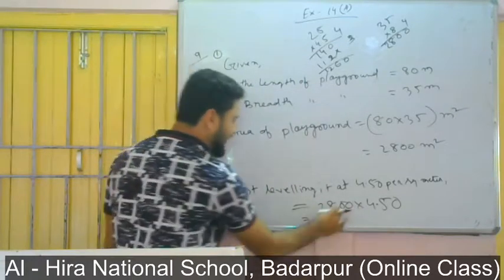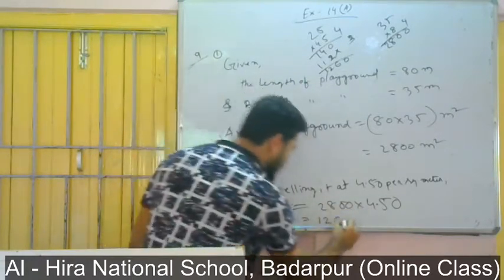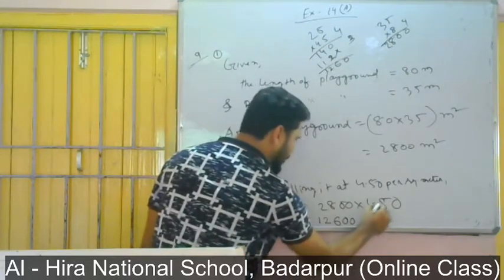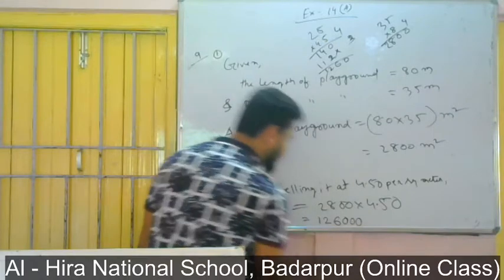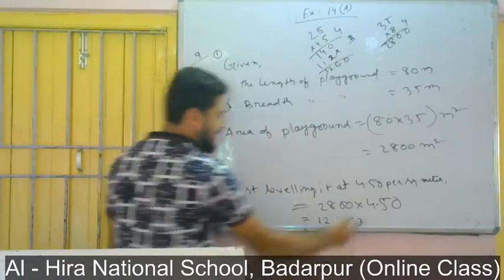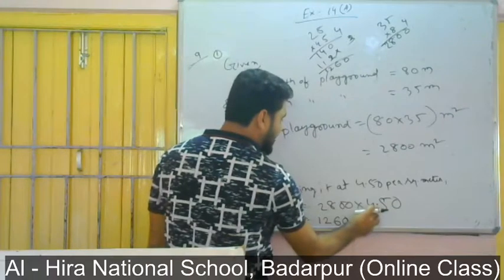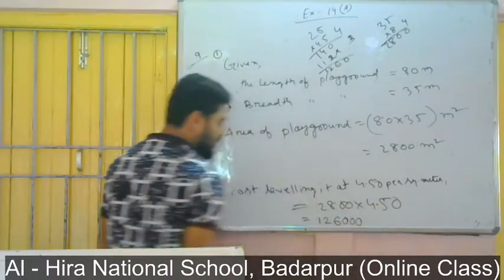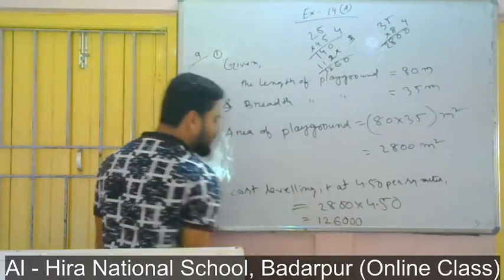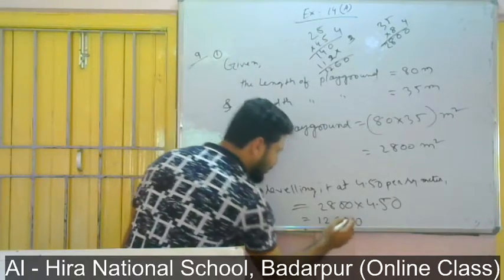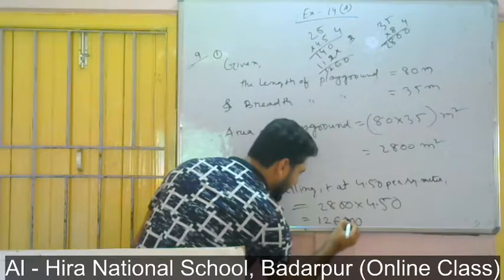After that we are getting 2 zeros with 28, so we'll put 2 zeros and 1 zero for 4.50, again we'll put 1 zero. Now you see the decimal is placed before 2 digits, so in the result also the decimal will be placed before 2 digits.